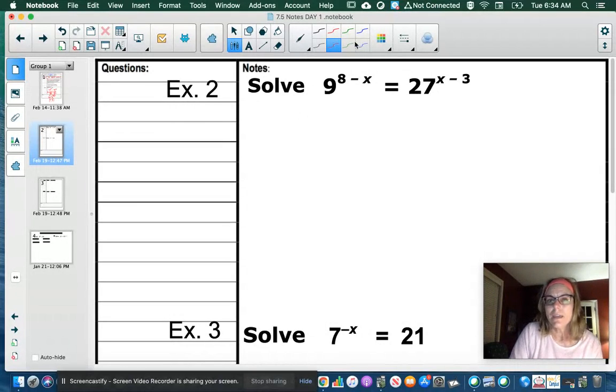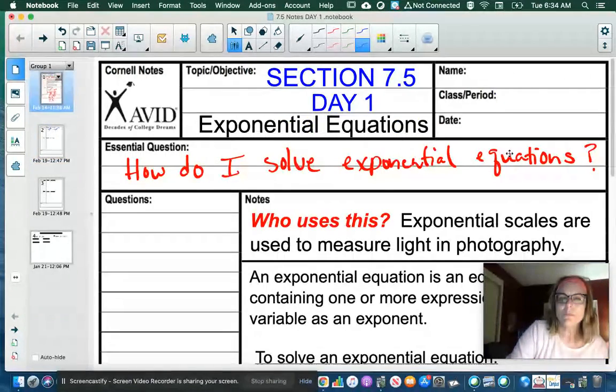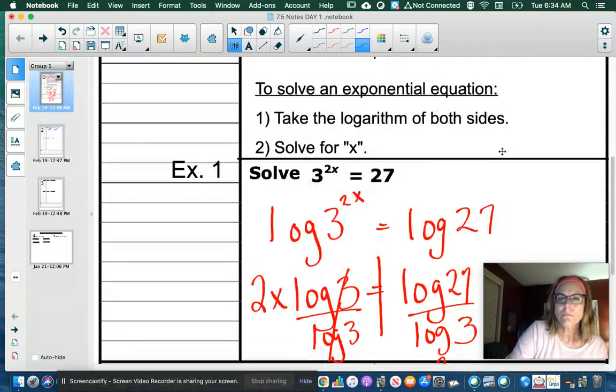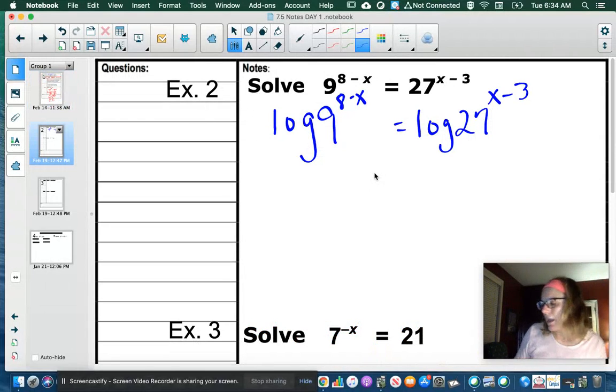That's okay, because we're still going to follow the steps and we're going to log both sides. The steps that I have listed on the prior page: take the logarithm of both sides and solve for x. That's what you're going to do on every exponential equation.